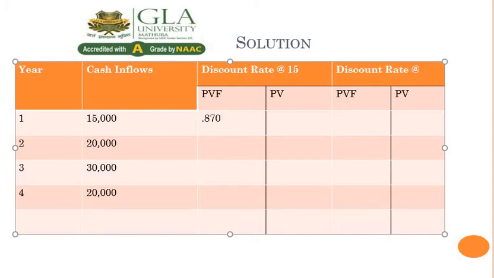After that, for the second year it is 0.756, for the third year 0.658, and for the fourth year 0.572. Now we find our values: 0.870 into 15,000 equals 13,050 rupees.